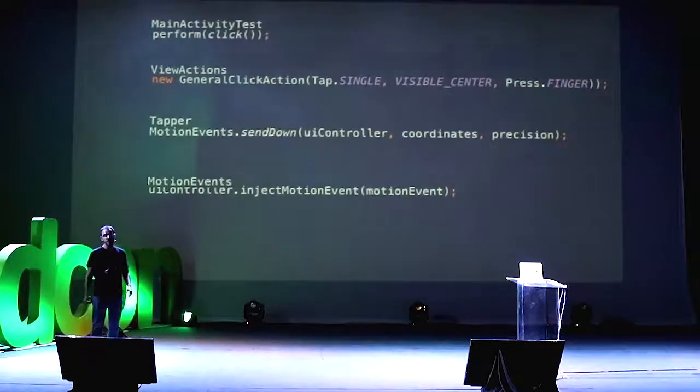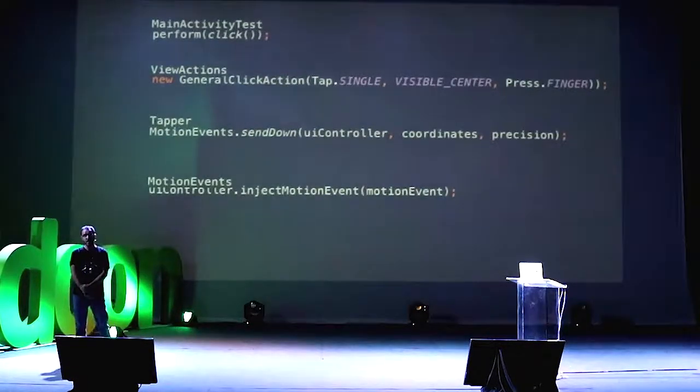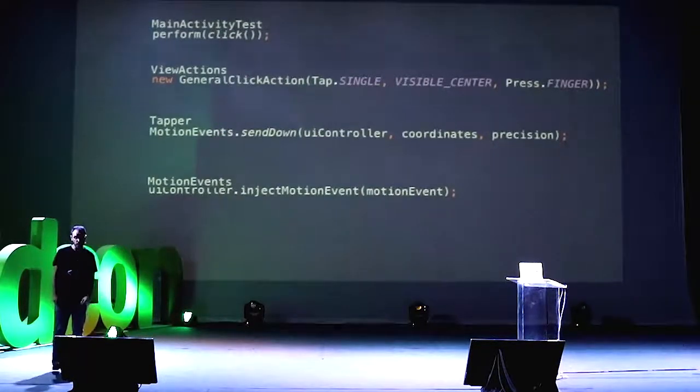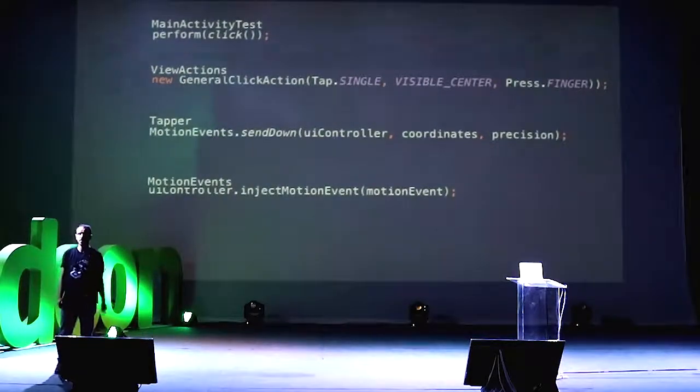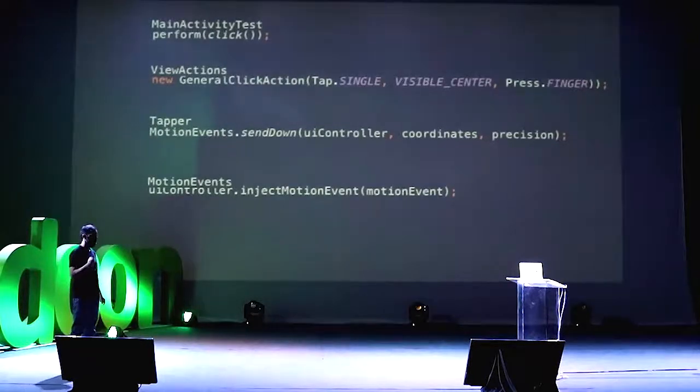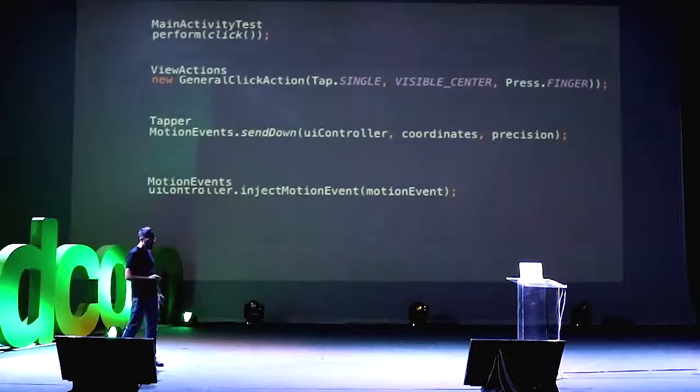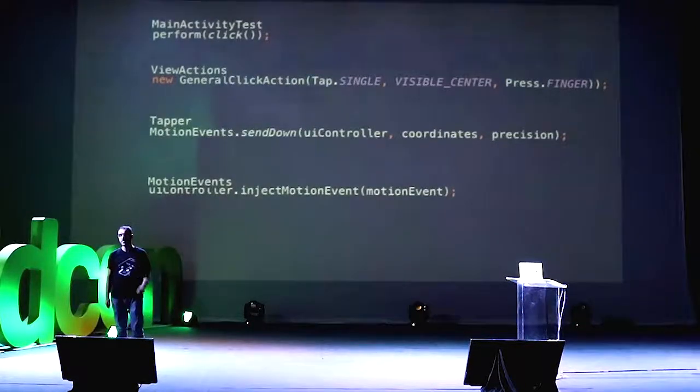And then we have the motion events using one class called UiController that is injecting the motion event. We saw UiController before, because there's one dependency that adds advanced synchronization features for the views. Okay, let's see this class a little bit.